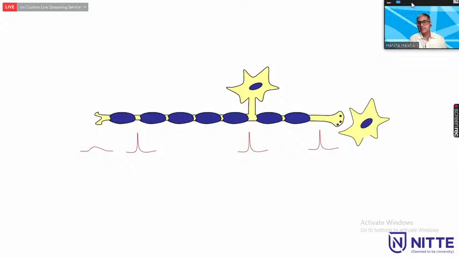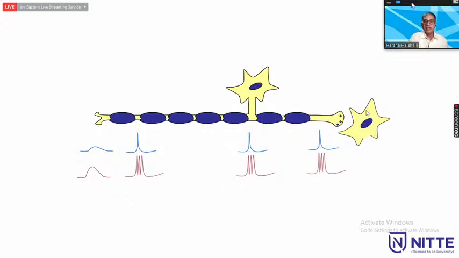And once this action potential reaches the synaptic terminal, it leads to release of neurotransmitters from this terminal into the gap between the synaptic terminal and the alpha motor neuron membrane. And these neurotransmitters would act on the postsynaptic membrane on the alpha motor neuron, and they would lead to activation of the alpha motor neuron.